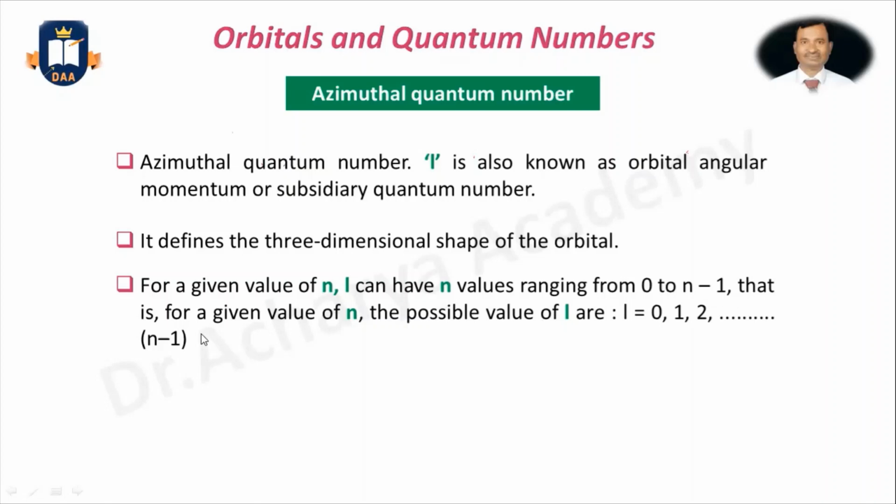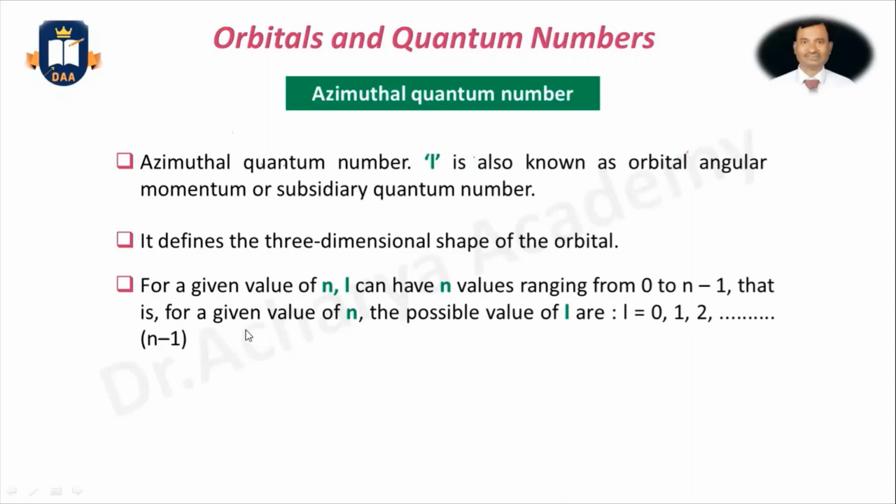That is, for a given value of n, the possible values of l are 0, 1, 2, up to n minus 1. Consider as an example that when n is equal to 1, then the possible value of l is only 0. That means n minus 1, 1 minus 1, is equal to 0.